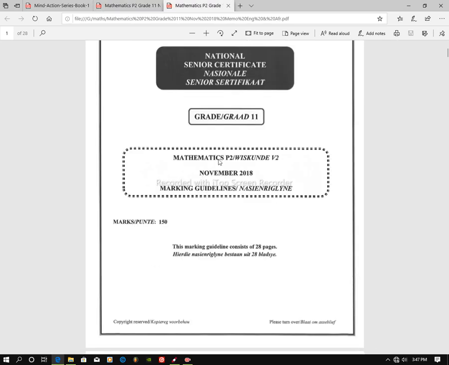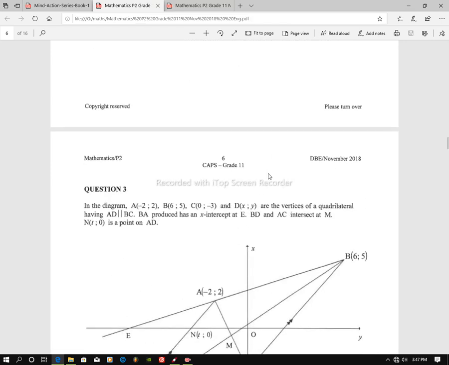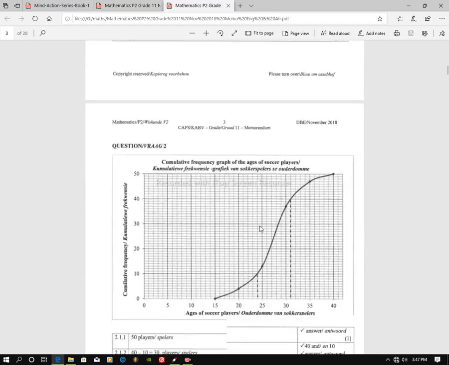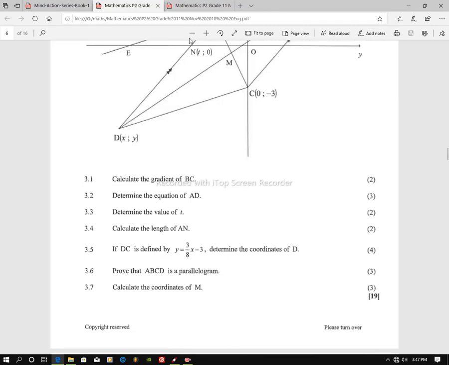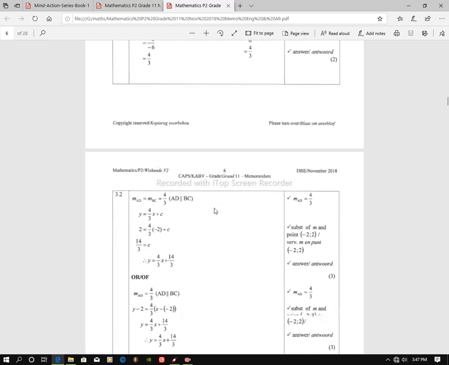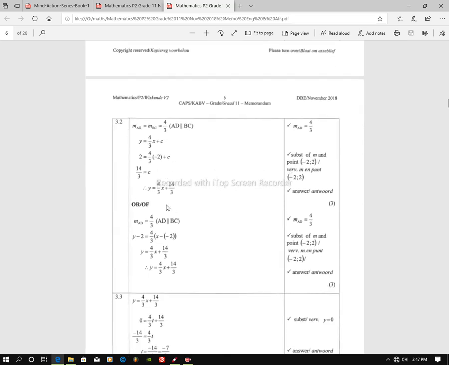So this is the marking guideline for the question paper. It is 2018. Okay, for verification, let's check this question. 3.1 was 4 over 3. We got that correct. Moving forward, the equation, we also got that correct.